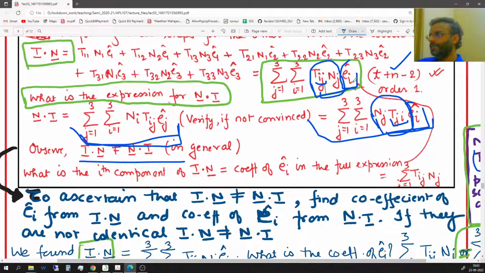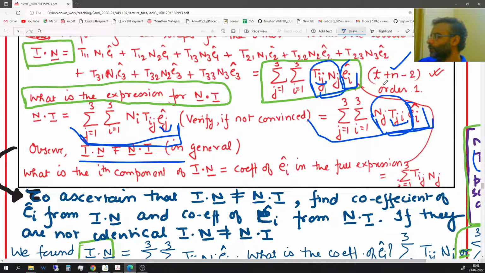There is just ei standing alone there, and that tells me that it's got to be a first order tensor. Same as the conclusion here for n dot T. Here also one lone unit vector is standing in this summation form, and that tells me that n dot T is also a vector, a tensor of order 1.